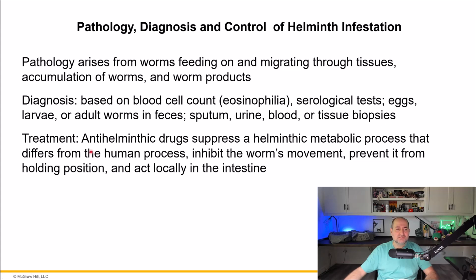Treatment includes drugs that are called anti-helminthic drugs. These can suppress a helminthic metabolic process that differs from the human process, targeting those worm-specific metabolic processes. They can inhibit the worm's movement, prevent it from holding position, or act locally in the intestine where the worms are.